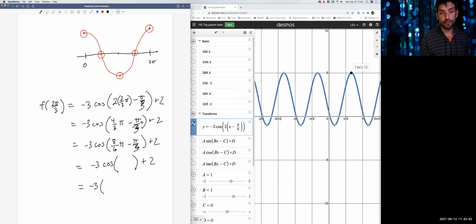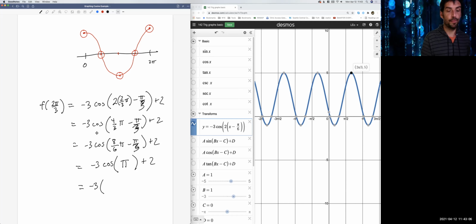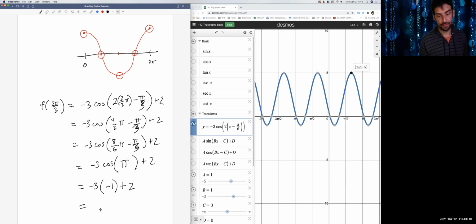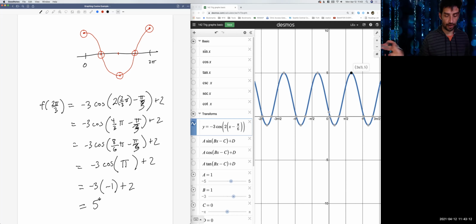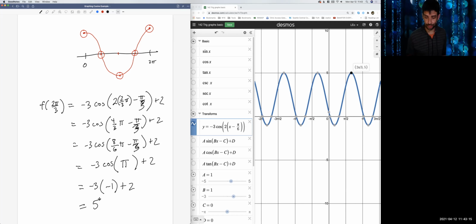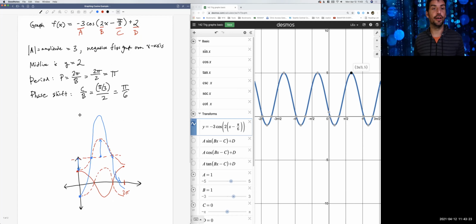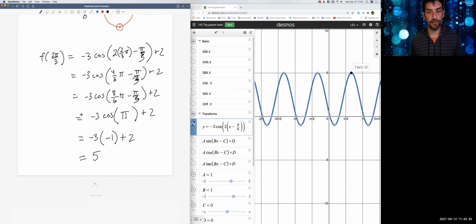So that makes this 4/3 pi minus pi over 3, which just gives us pi. Cosine of pi is -1, plus 2. -3 times -1 is 3, plus 2 is 5. Pardon the collection of errors in this video, but I hope you can follow my mistakes. Our original function just had a pi over 3 in there. I copied it as pi over 6.